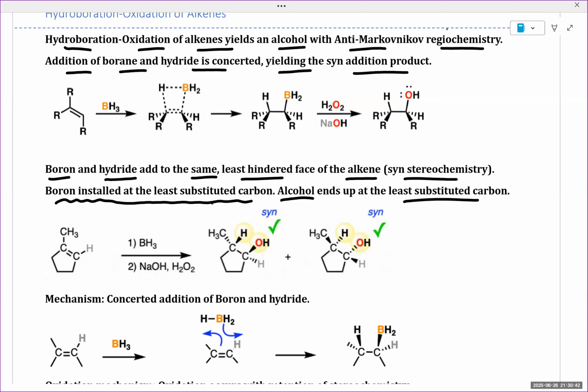So for example, if we treat the following alkene with BH3, or in this case, borane, and sodium hydroxide and hydrogen peroxide, which oxidizes the boron atom, you get the alcohol product with syn stereochemistry and anti-Markovnikov regiochemistry. The alcohol is installed at the least substituted position.